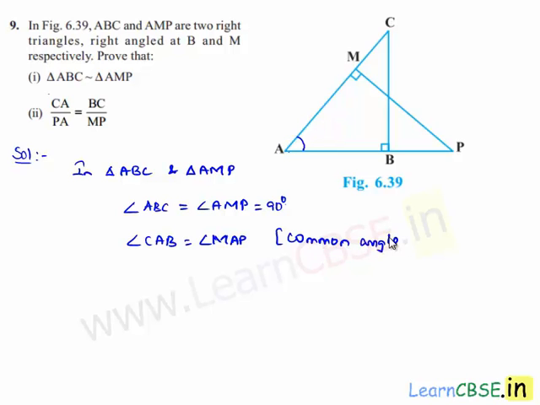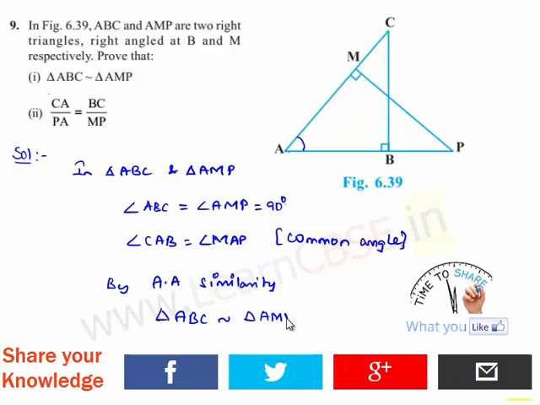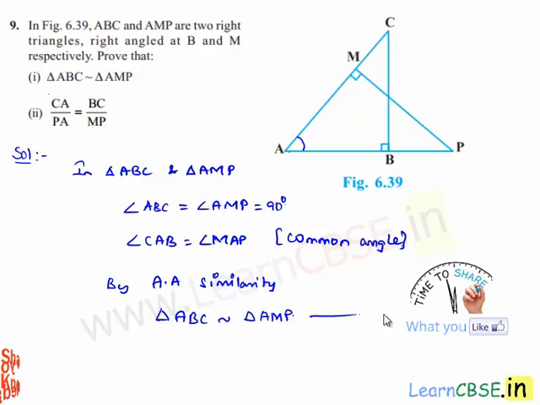Therefore, as in both the triangles two corresponding angles are equal, by angle-angle similarity, triangle ABC is similar to triangle AMP. This is our first proof.